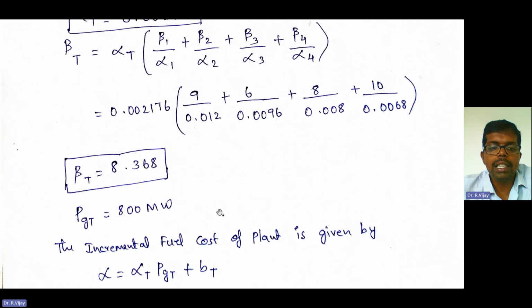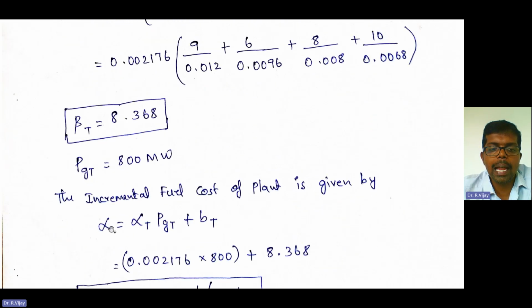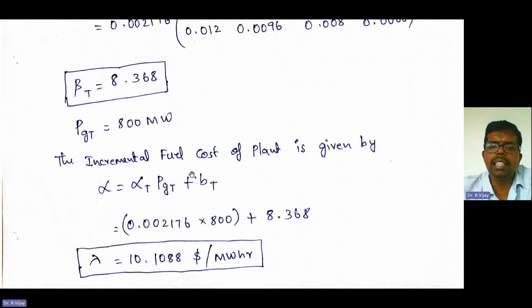Next, the incremental fuel cost lambda is equal to alpha T into PGT plus beta T. This is the formula for incremental fuel cost when the unit cost data are given. You need to remember this; the rest are all the same.